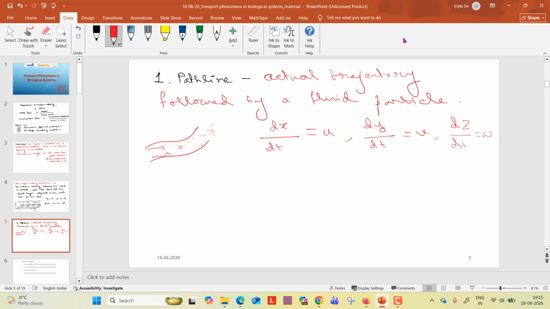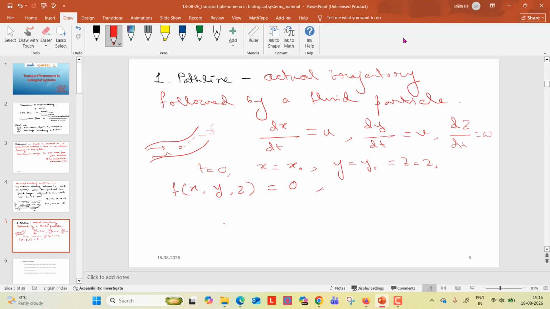Suppose at t equals 0, the particle position is x equals x0, y equals y0, and z equals z0. Then we define the particle motion as a function of x, y, z.